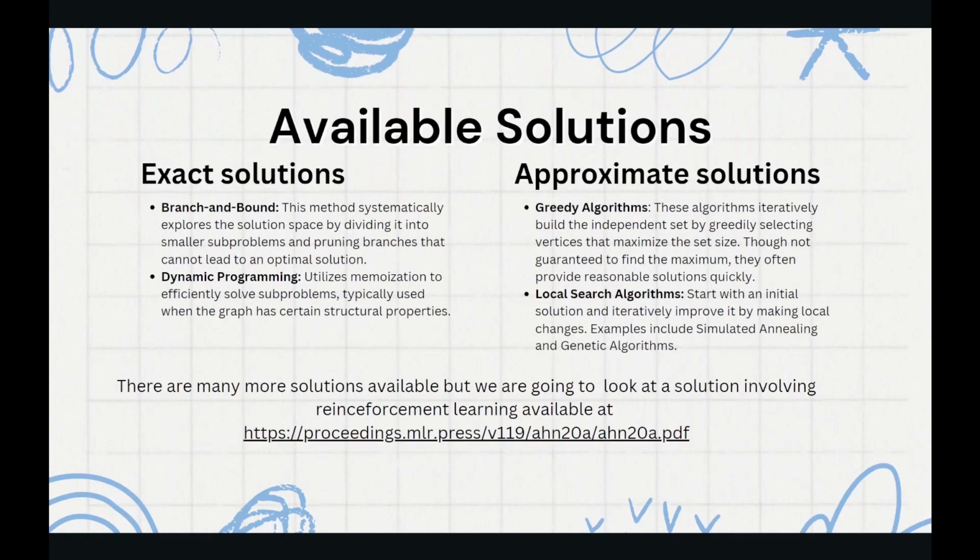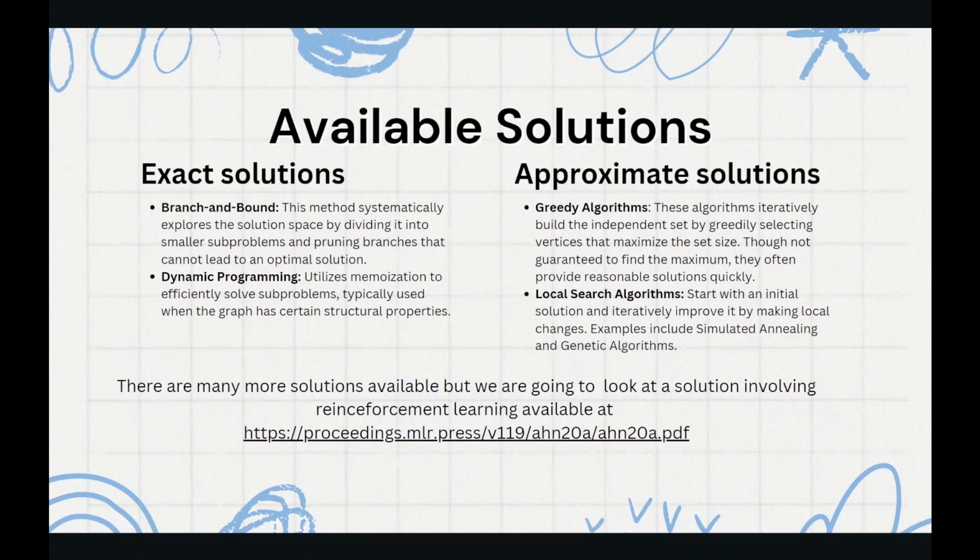So there are a lot of solutions available for maximum independent set. Some of the available solutions are exact solutions. An example of an exact solution is the branch and bound algorithm, which systematically explores the solution space by dividing it into smaller subproblems and cutting off branches that cannot lead to an optimal solution.